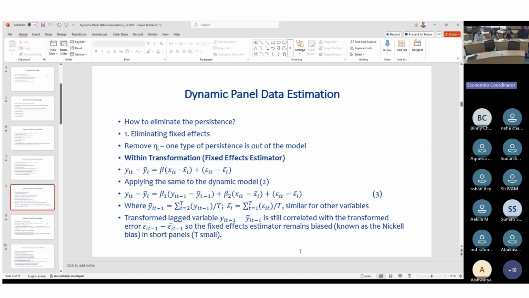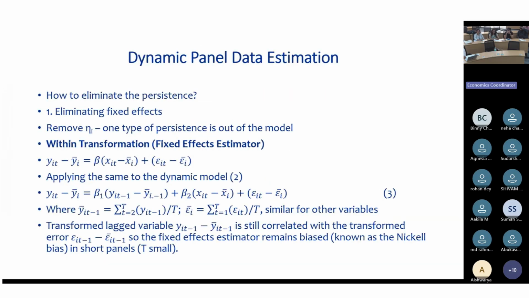That is still correlated with epsilon it minus epsilon i bar, because epsilon i bar has epsilon it minus 1. So does the autocorrelation problem go away? It doesn't. You understand that? But okay, I'll explain again.